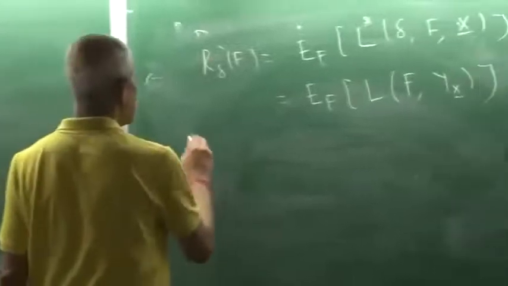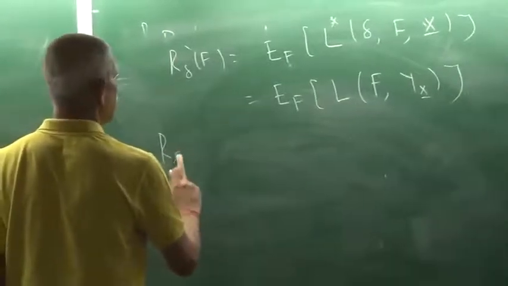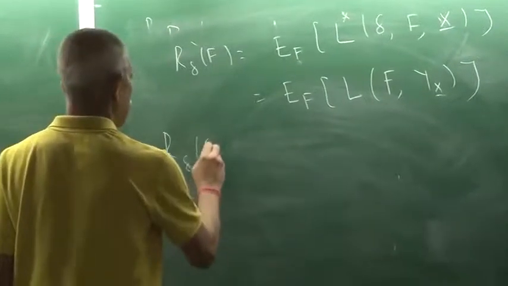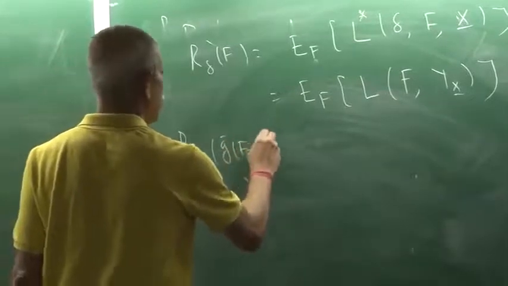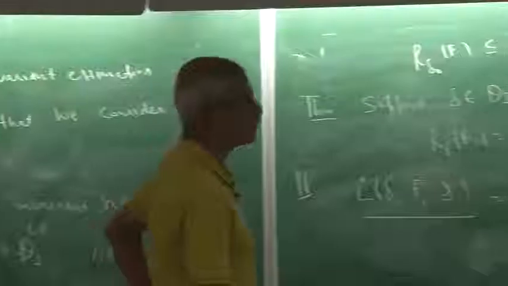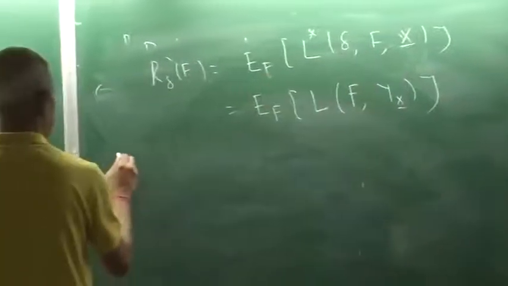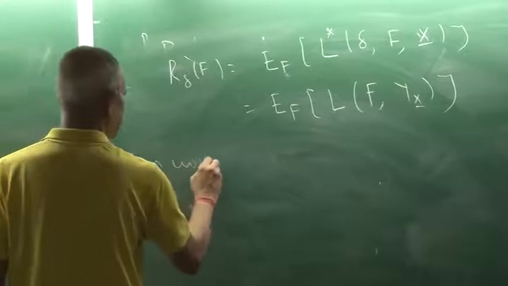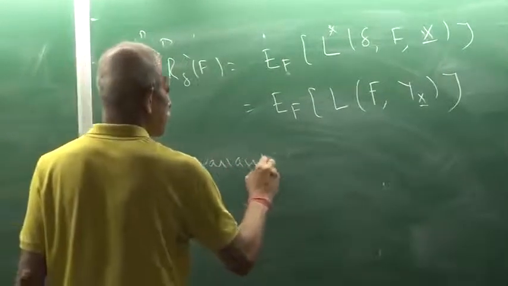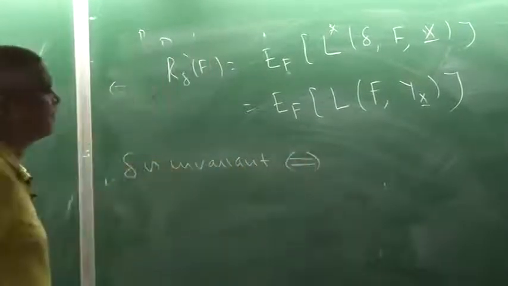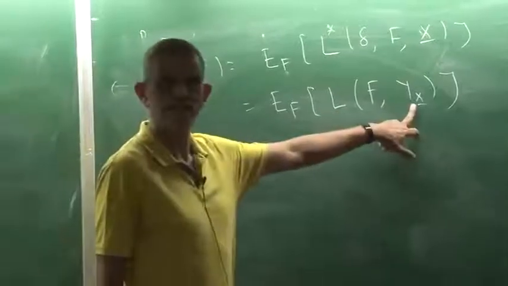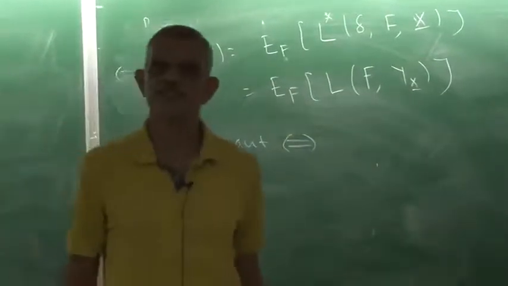So now let's look at what is R delta G bar f. But before that, let us try to see my delta is invariant. What does that mean? Delta corresponds to random variable yx. That means the two actions should correspond.